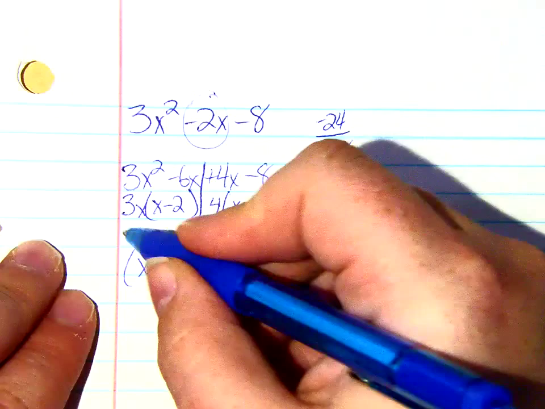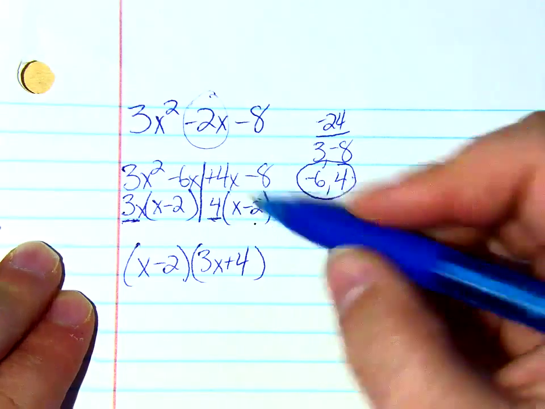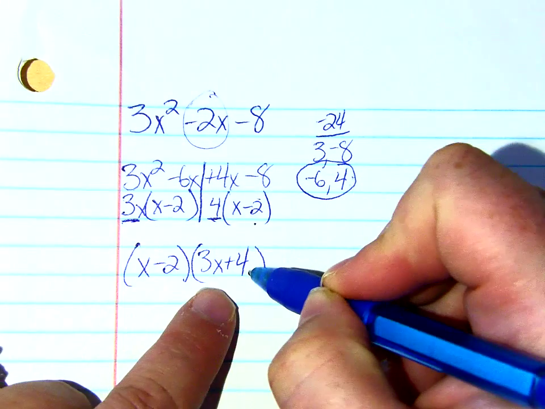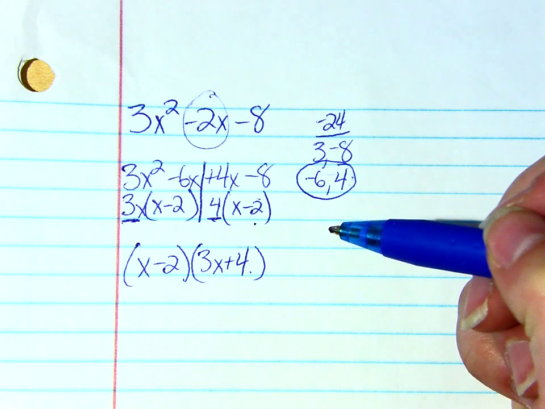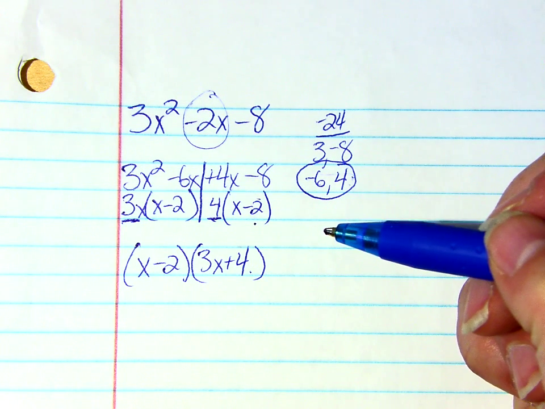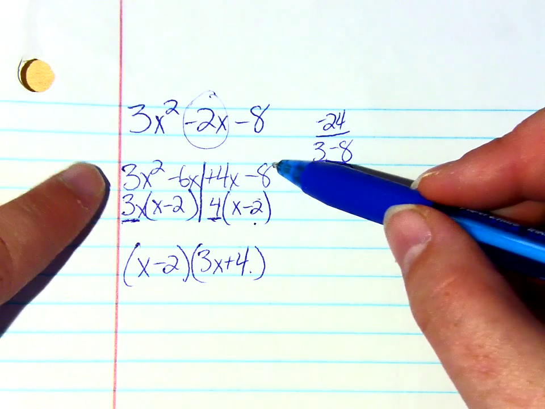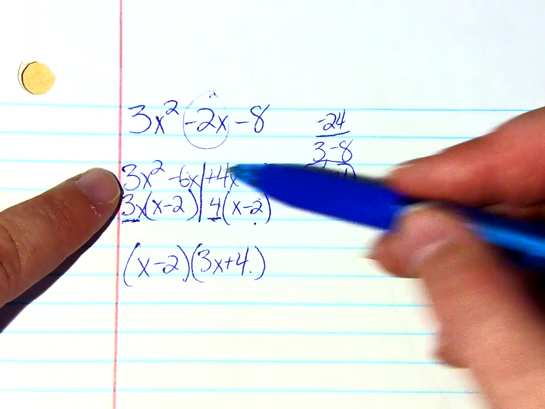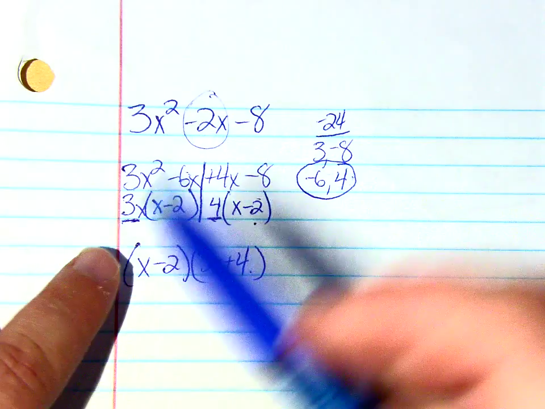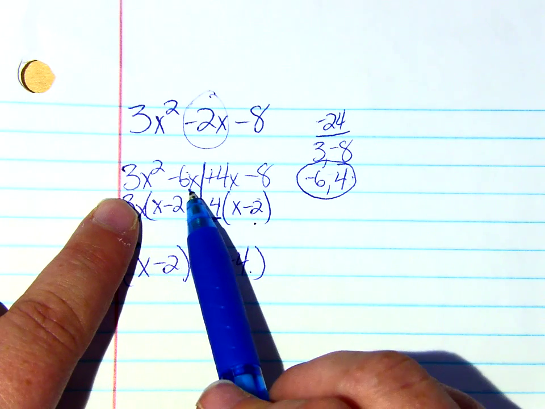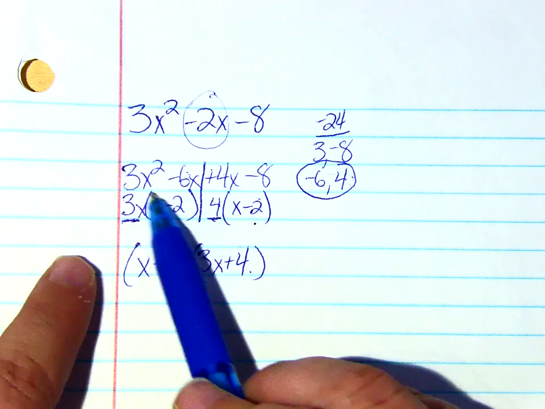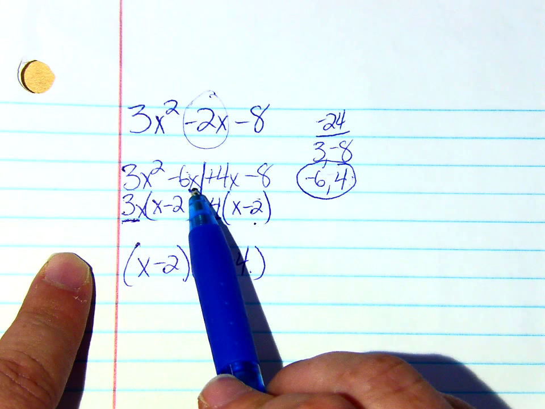It's whatever is out in front. Whatever you factored out of each one, you put them together right there. Do you get where these... Okay, so now I'm just looking at 3x squared minus 6x, and I factor what I can out of just those two.